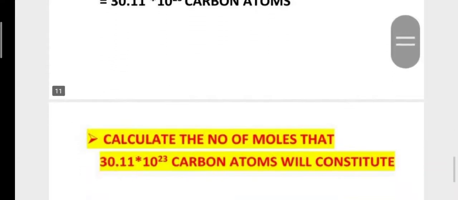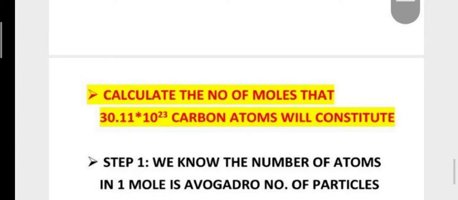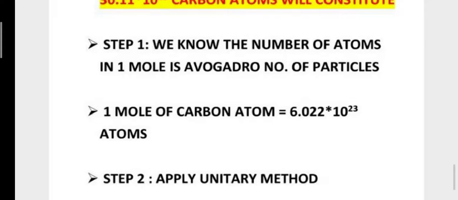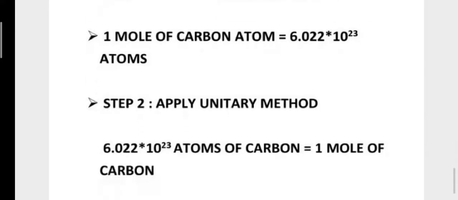Now, the converse. Calculate the number of moles that will constitute 30.11 into 10 to the power of 23 carbon atoms. Same way, first we know the number of atoms in 1 mole is Avogadro number of particles. So 1 mole of carbon atom will have 6.022 into 10 to the power of 23 atoms. If 1 mole has so many atoms, now apply the unitary method.